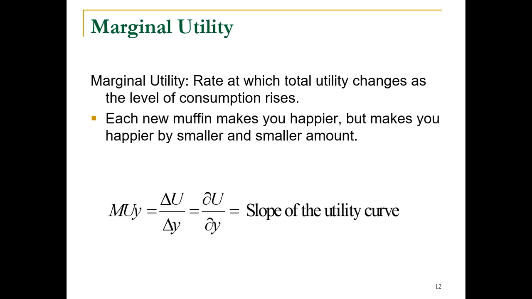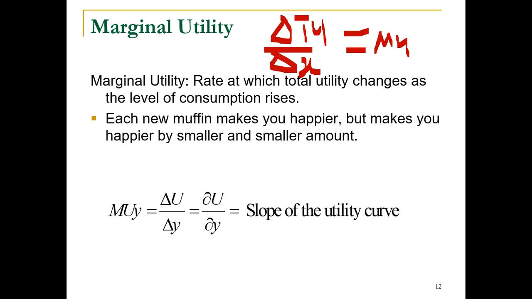So now mathematically, we're saying that the marginal utility is the rate at which total utility changes as the level of consumption rises, right? Which is the same thing as saying the change in total utility per change in x, where x is the good. So this is what we call marginal utility.